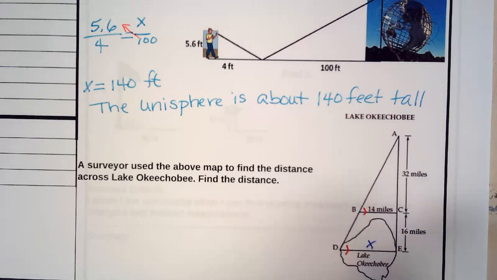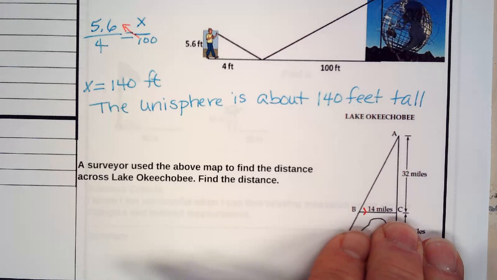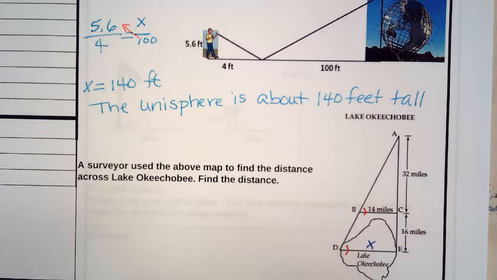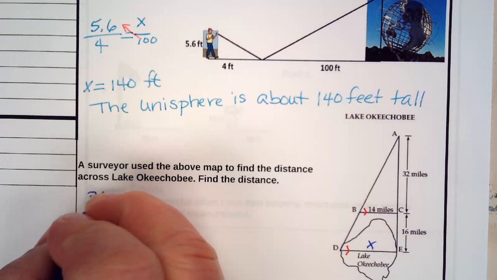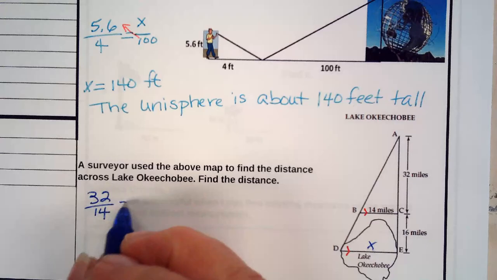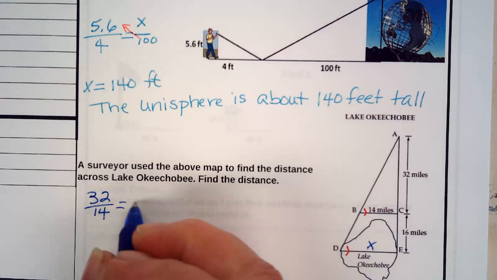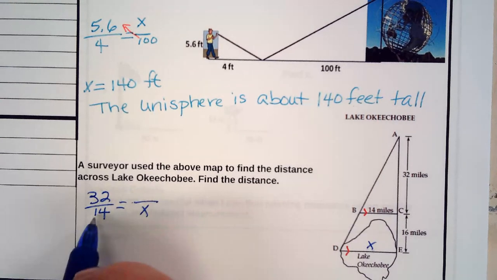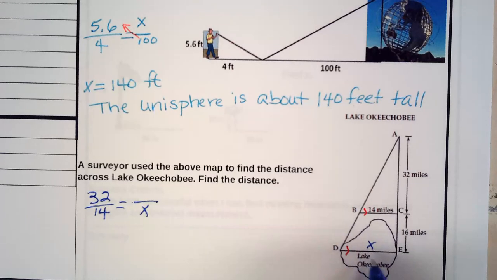So if I'm looking at the first triangle, do you want to do 32 over 14 or 14 over 32? Does not matter. 32 over 14. Okay, now, the 14 is your base, the x is your base. 14 and x are the bases.